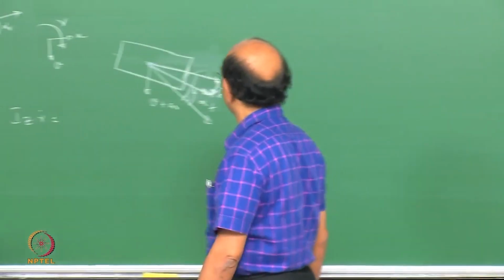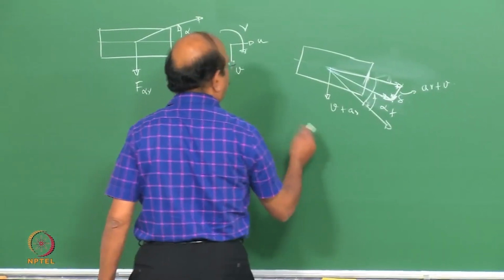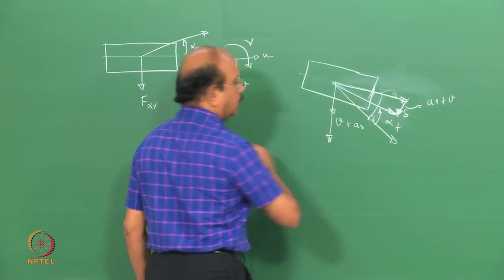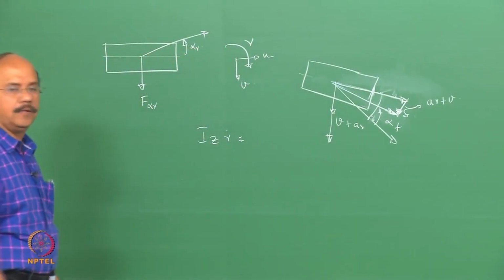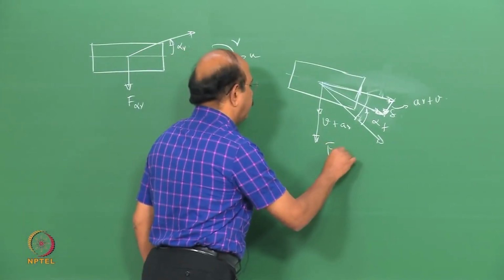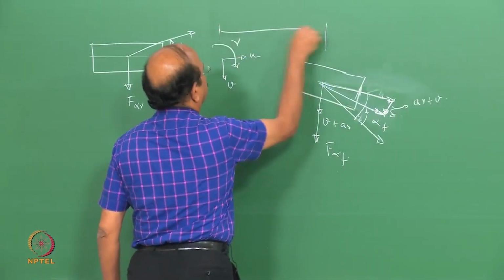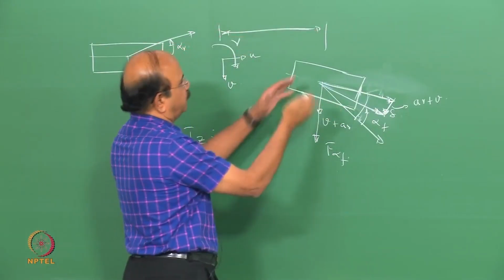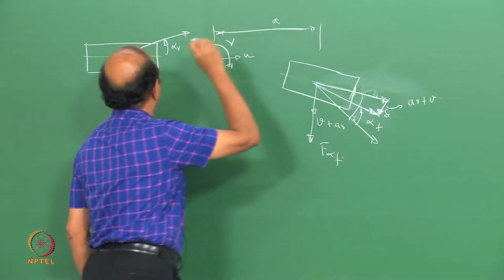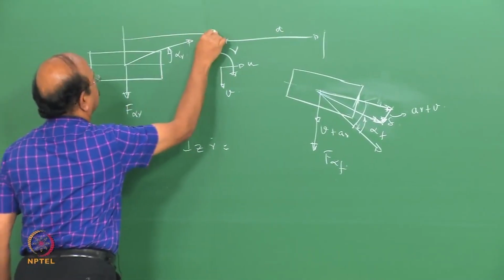this alpha R. In the same fashion, we will put down a force that's acting in the front and we'll call this F alpha F. These angles are very small, so I'll make a lot of, again, assumptions there.